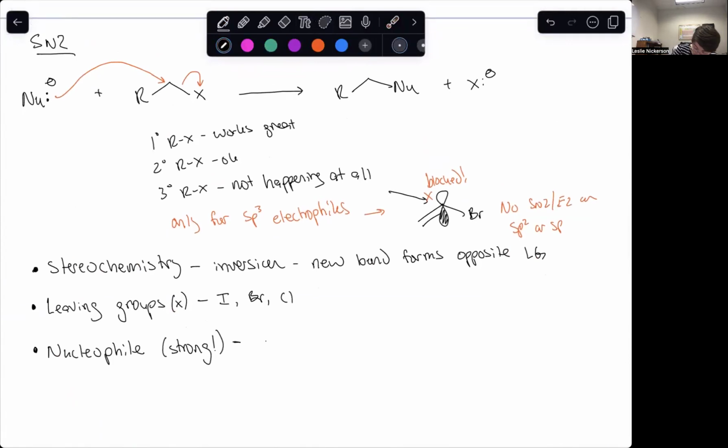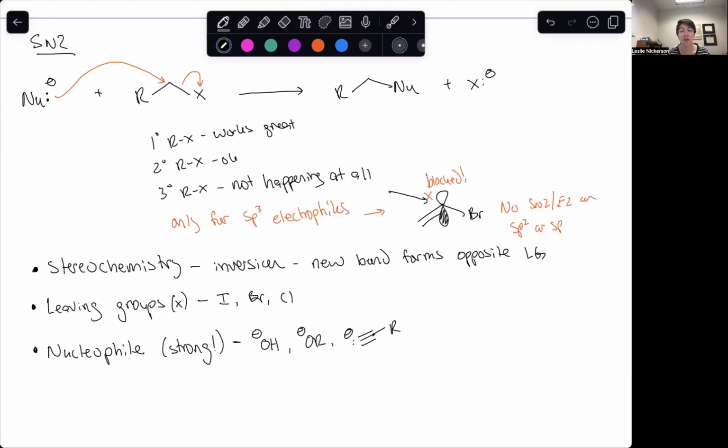Some examples that you might run into: you might see OH minus with various counter ions, OR minus, like OEt minus, OMe minus. You can have this happen with alkynes that have been deprotonated, right? Because those are the acidic protons there.